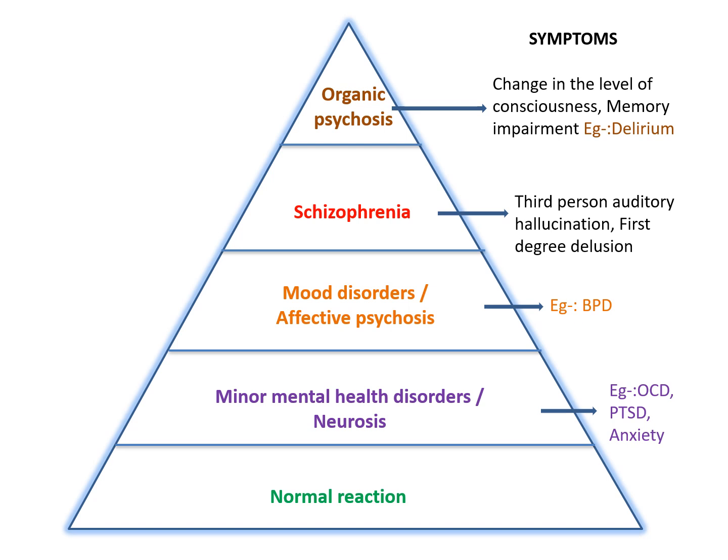When a patient presents with a high level of symptoms, they may also have lower level symptoms. For example, in schizophrenia, they may also present with depression. So they have third person auditory hallucination as well as delusion.